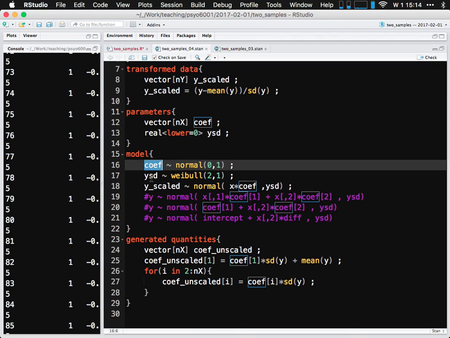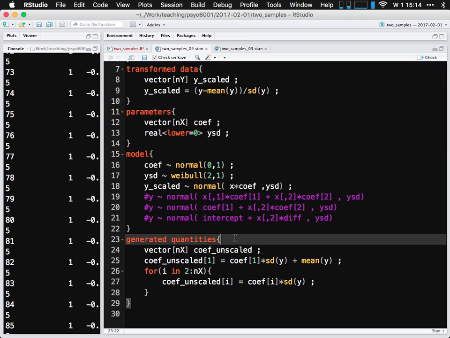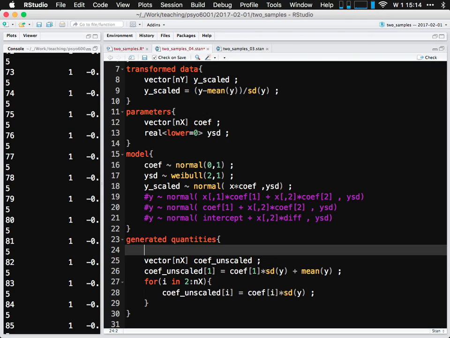You need it unscaled. So would you put it in the generated quantities? Okay, what am I going to put down here? So you'd put ysd underscore unscaled. Okay. So real ysd underscore unscaled.